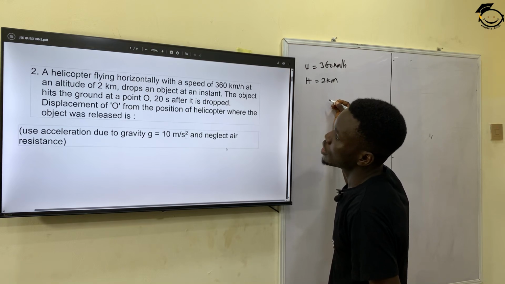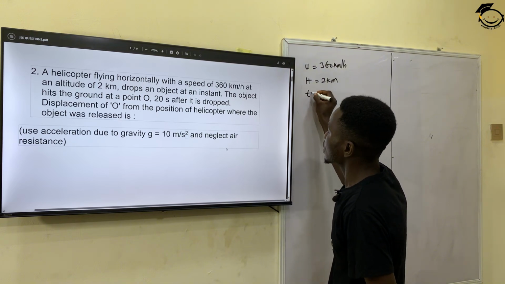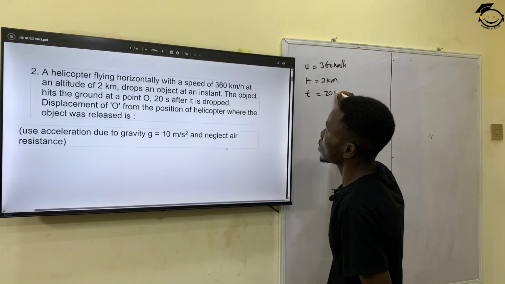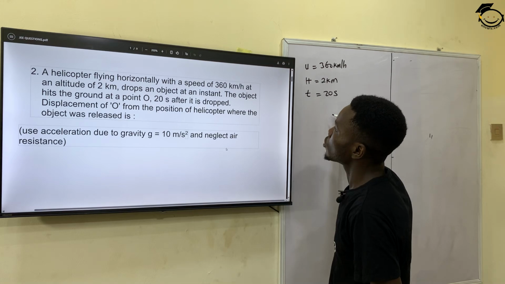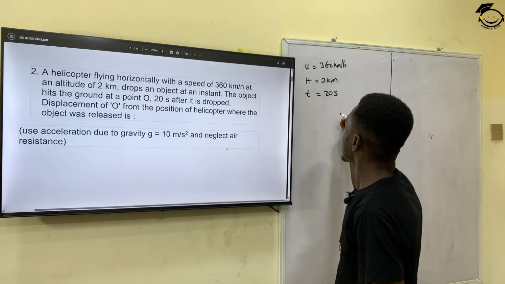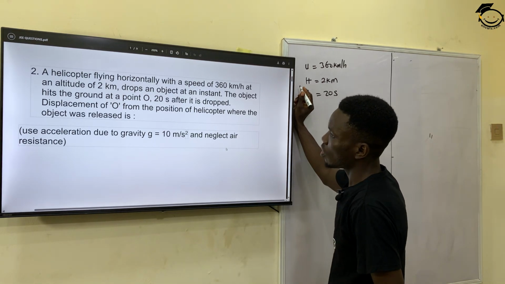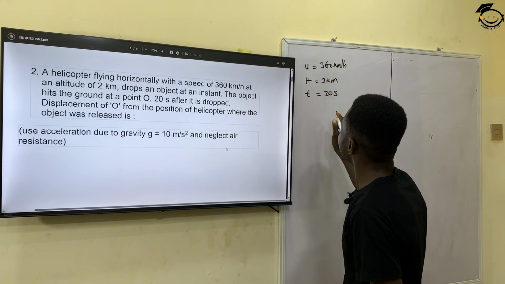The object hits the ground at a point 0, 20 seconds later, so our time is 20 seconds. After it is dropped, the displacement of 0 from the position of the helicopter where the object was released is... So we are looking for the displacement of 0 from the point where the object is released.